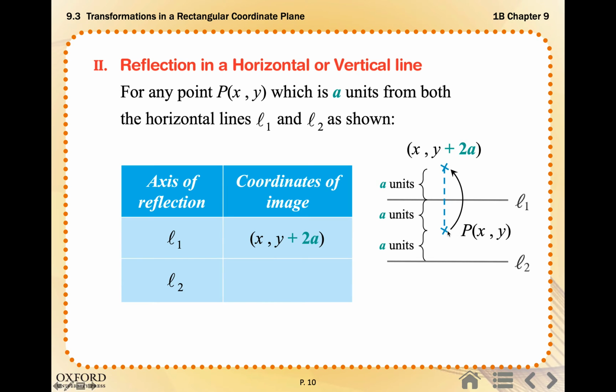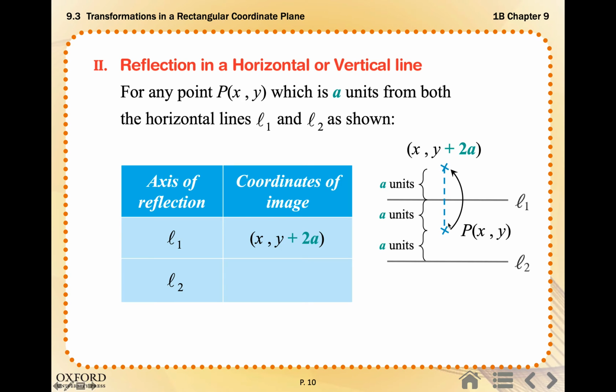When P is reflected in L1, because L1 is above point P, after the reflection the image of P should go up. That means it is translated upward, right? That's why if it is translated upward, then I know that the x-coordinate should be unchanged, but the y-coordinate should plus how many units?